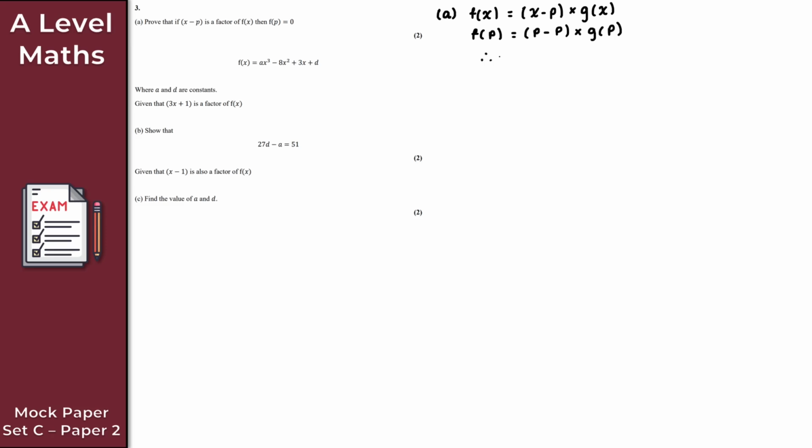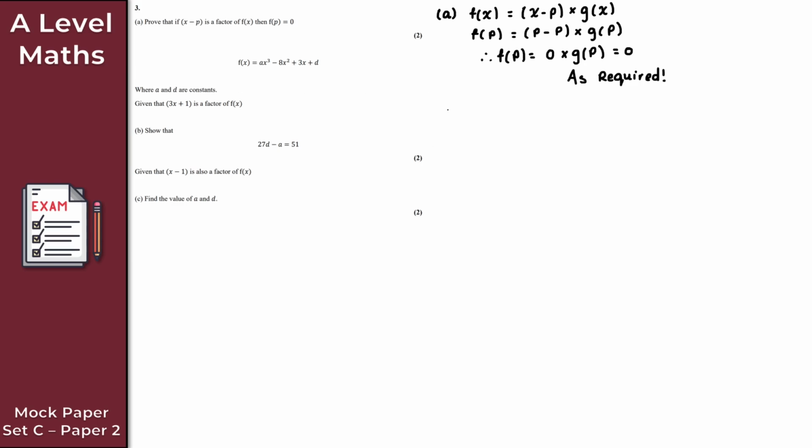So therefore, f of p is equal to 0 times by g of p. But of course, anything times by 0 here is just 0, right? And in that case, then f of p here is equal to 0, exactly as we require. So as required there we have it, proof complete. So there we go. That gives us the solution to part A.